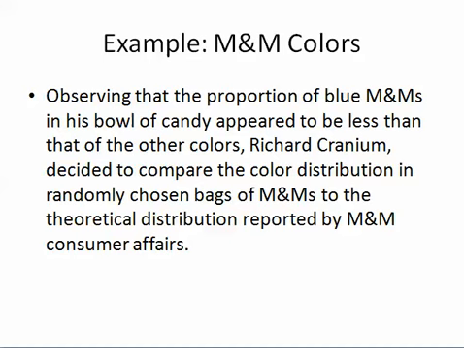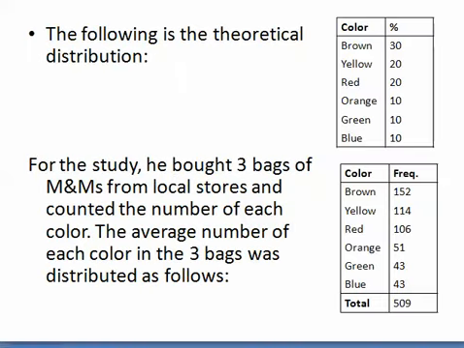Example, M&M colors. Observing that the proportion of blue M&Ms in his candy appeared to be less than that of the other colors, Richard Cranium decided to compare the color distribution in randomly chosen bags of M&Ms to the theoretical distribution reported by M&M Consumer Affairs. The following is the theoretical distribution.